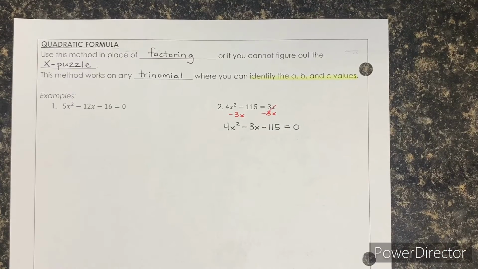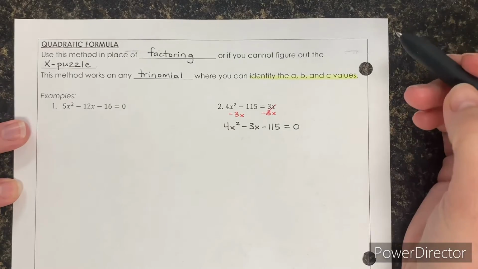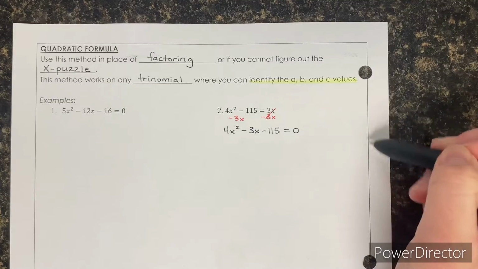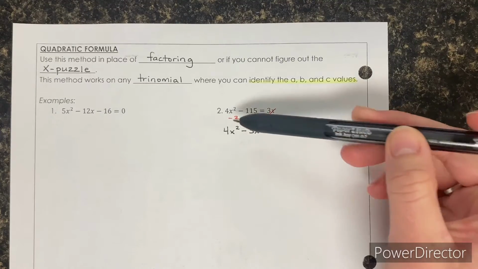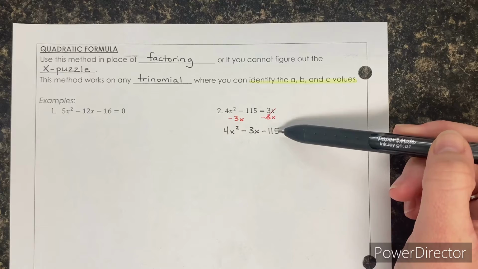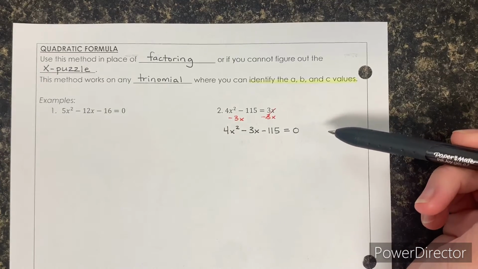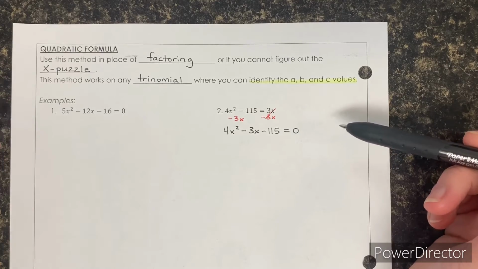And now I'm all set up to use the quadratic formula. Me personally, I would automatically go to the quadratic formula because if I were to do the x puzzle, the top number would be whatever 4 times 115 is, and that's a big number that I don't want to have to deal with. So me personally, I would default to the quadratic formula no matter what.